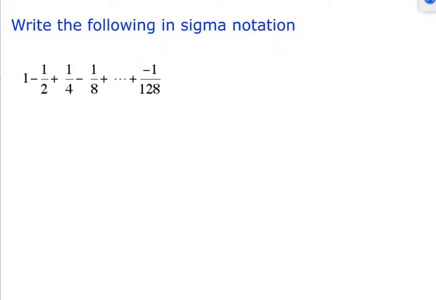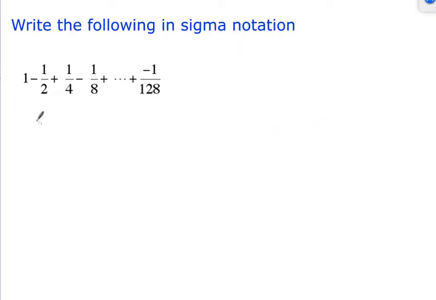This next example, I'm noticing I've got fractions. I'm noticing they're alternating, positive, negative, and so on. That means there's going to be some negative term to a power, because negative terms to odd powers are negative, negatives to even powers turn positive. So I know that that's going to be involved.